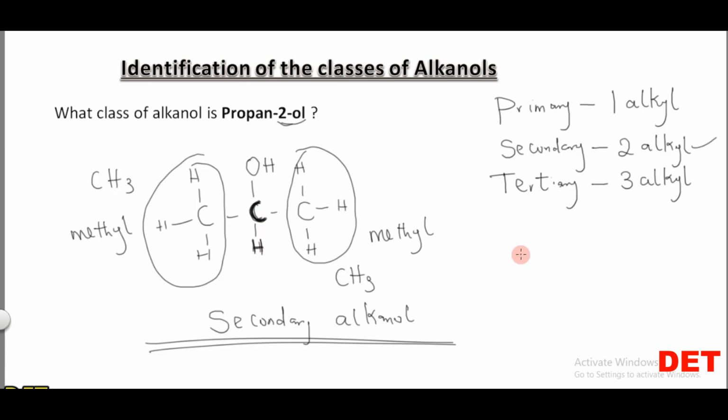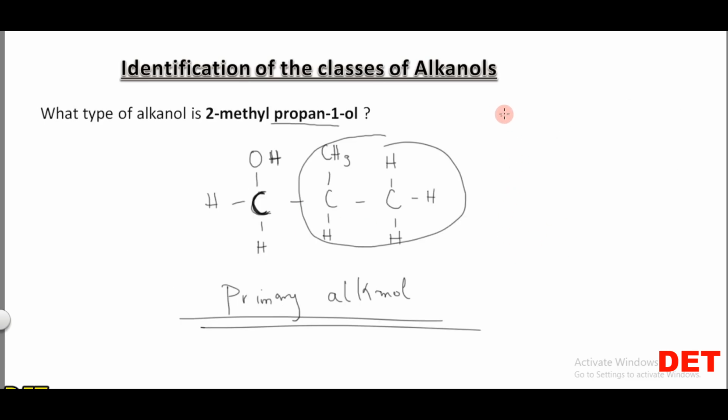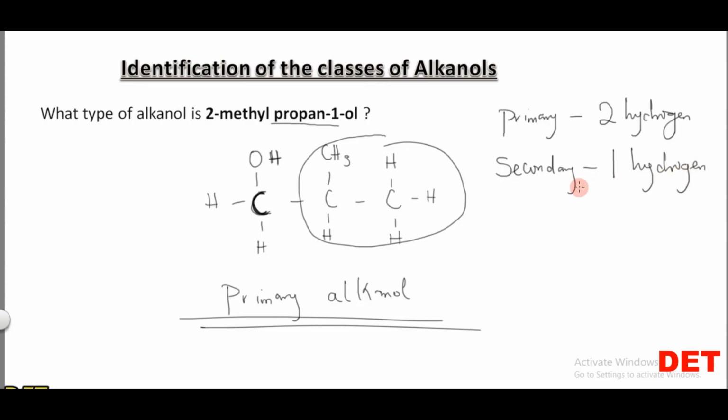Alright, so in other words, let me put this down. Primary alkanol, we have two hydrogen atoms attached to the carbon atom bearing the hydroxyl group. Secondary alkanols, we have just one hydrogen atom attached to the carbon atom bearing the hydroxyl group.